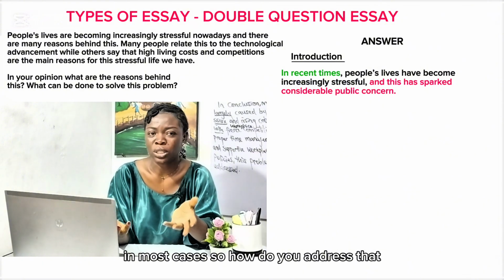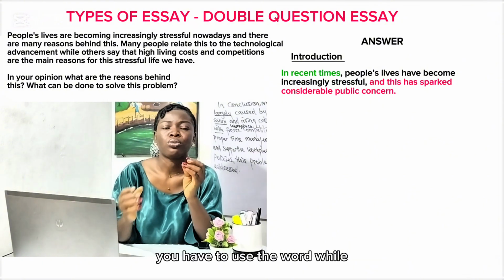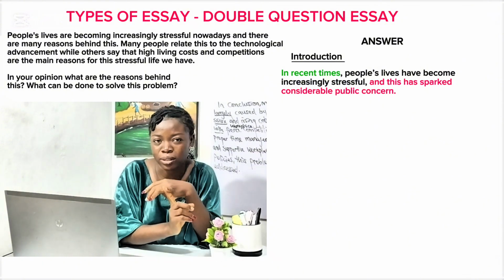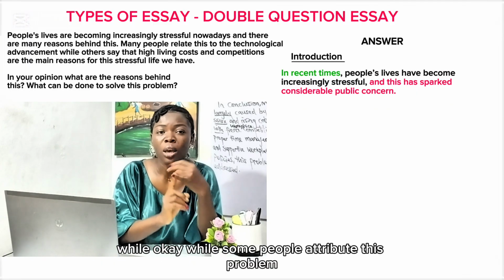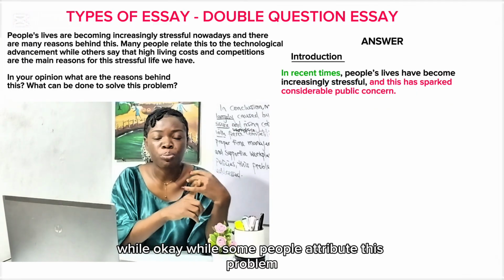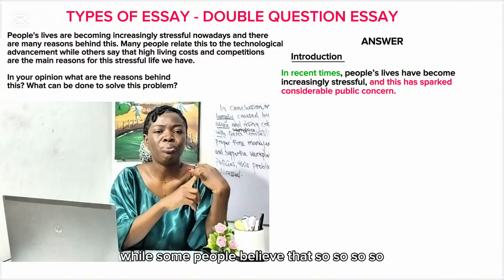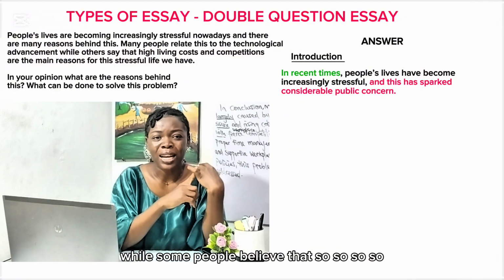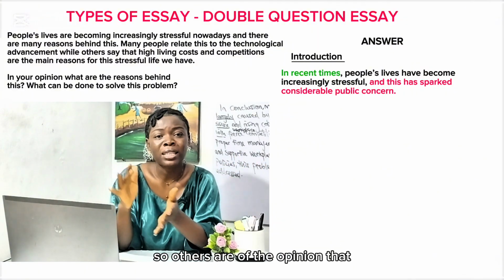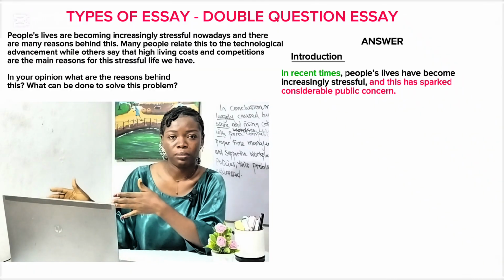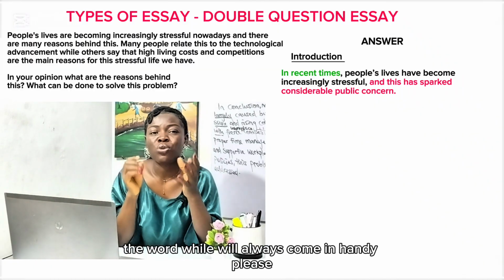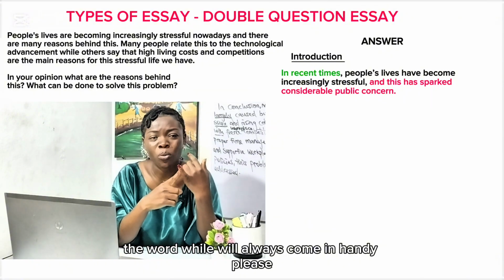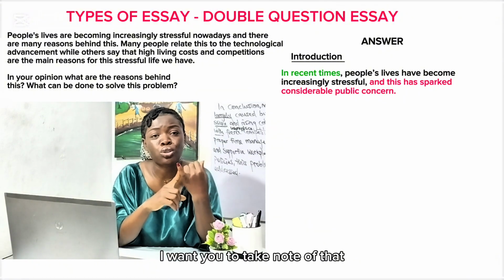So how do you address that? You have to use the word while. This is where certain words come in. While some people attribute this problem, while some people believe that, others are of the opinion that. So when you are comparing the perspectives of two groups of people, the word while will always come in handy. Please, I want you to take note of that.